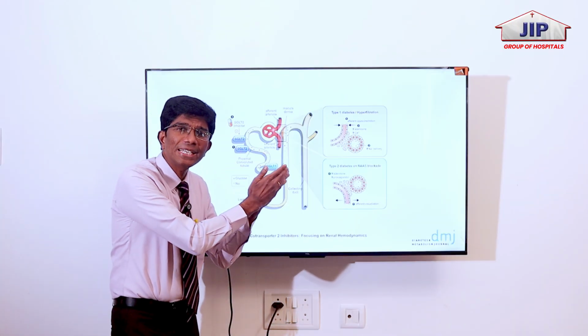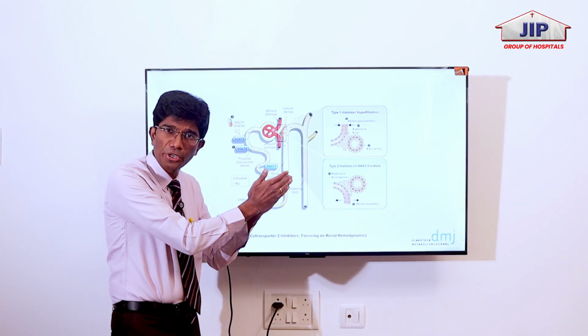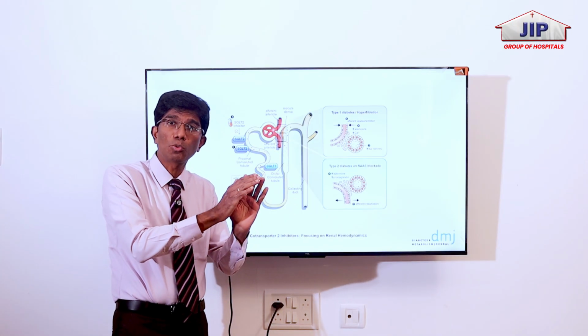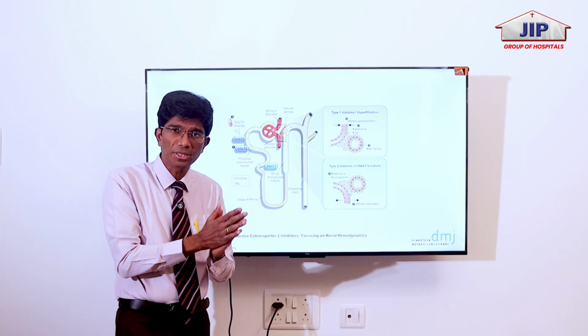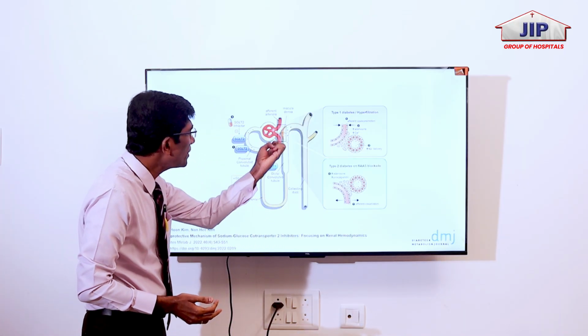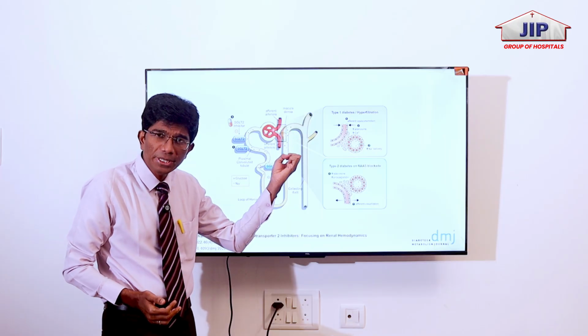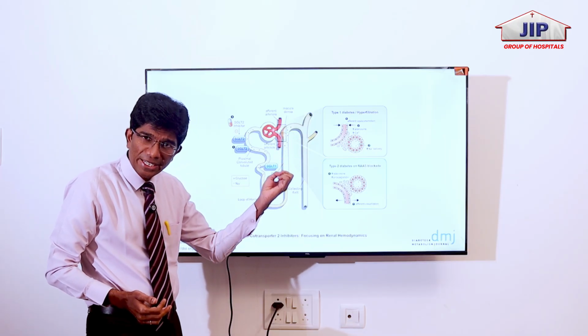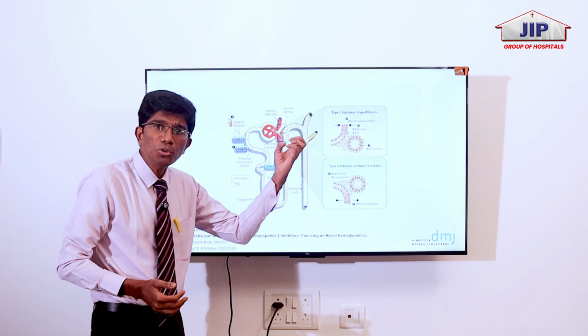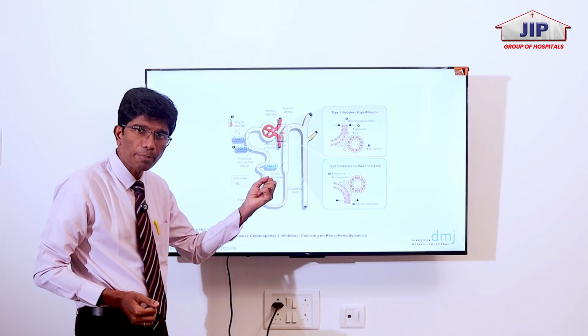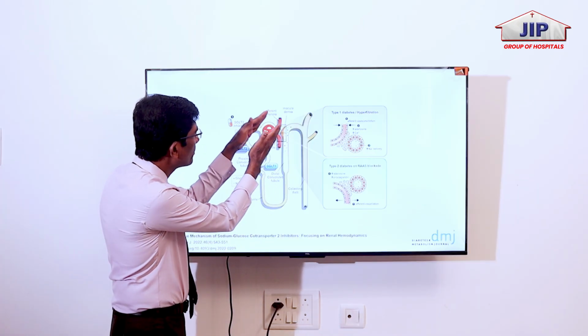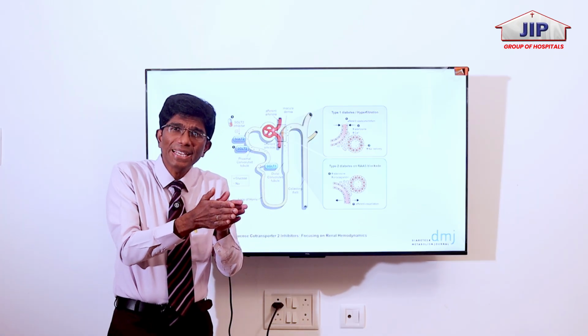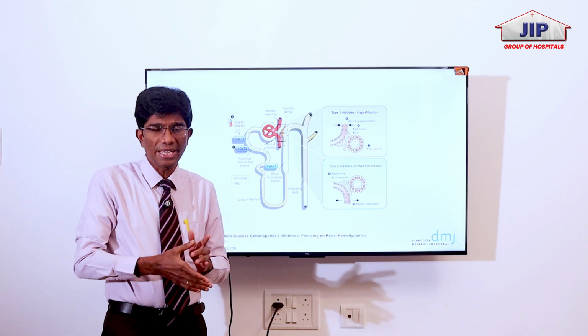When you have decreased sodium delivery to the distal tubule in a diabetic patient who is not on an SGLT2 inhibitor, the consequence is that adenosine production is reduced. When adenosine production is reduced, what happens? The afferent arteriole will be dilated. So what is the end result of afferent arteriolar dilatation?